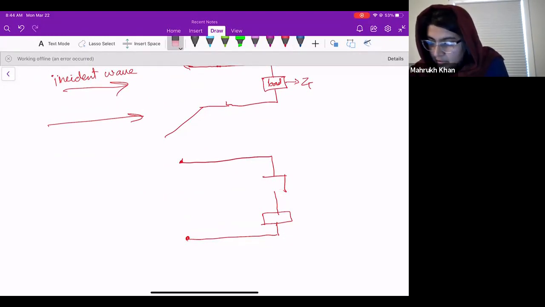So this would be RT, and this will be XT.